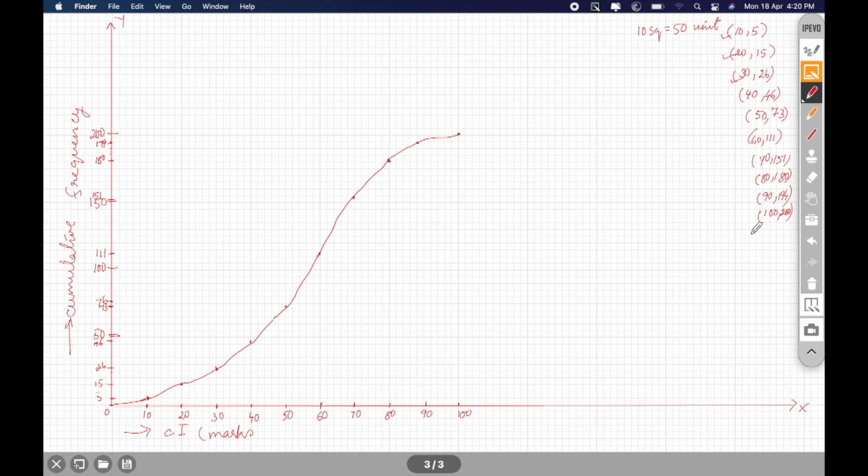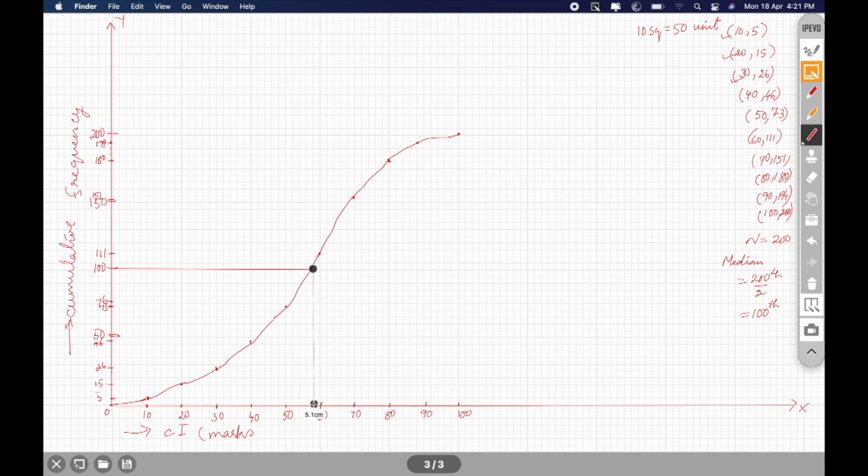Fine. Now we have n equals 200. So median will be n by 2, that is 200 by 2, the 100th observation. So what we have to do here, we have to find 100 in the y-axis, draw a line touching the ogive, and then from this point on the ogive we have to drop it here.